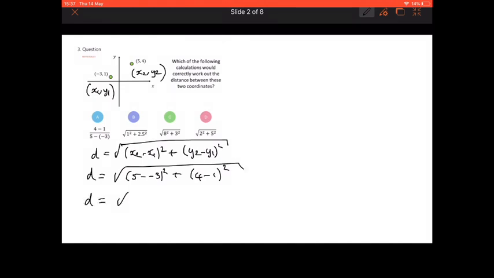Remember, we've got subtracting a negative here, so it's the same as adding, so 5 subtract negative 3 ends up in 8, and it's 8 squared. 4 subtract 1 is obviously 3 squared, and again we don't have to finish this off, we just have to check which solution it matches to, and it's C.